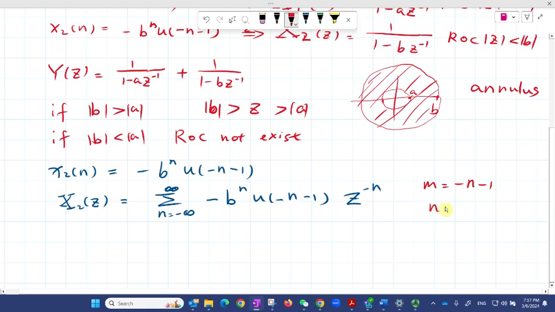So n equals negative 1 minus m, and negative n just equals 1 plus m.